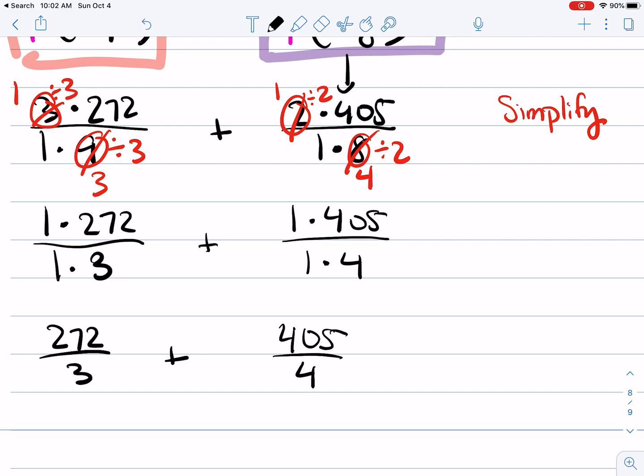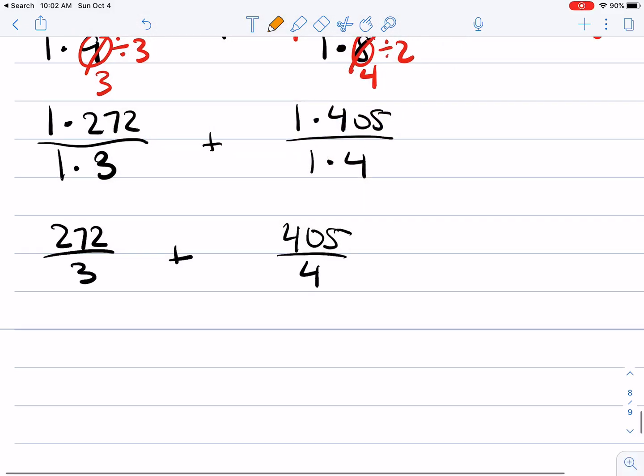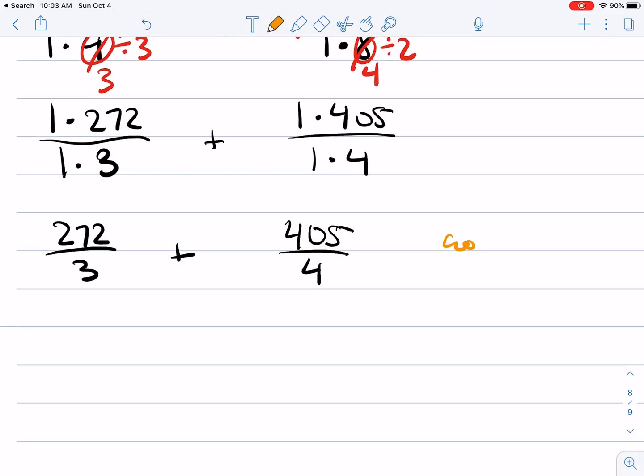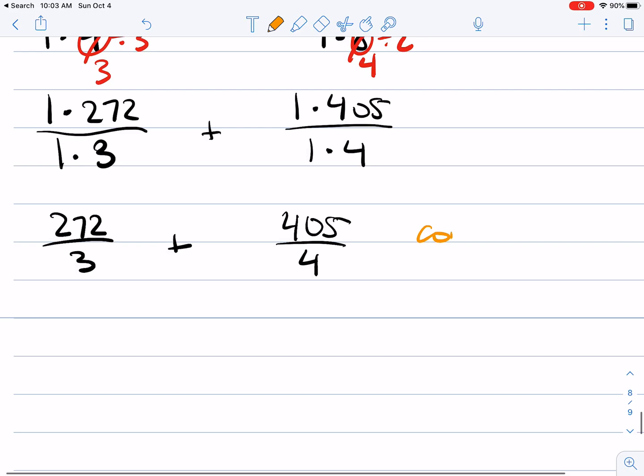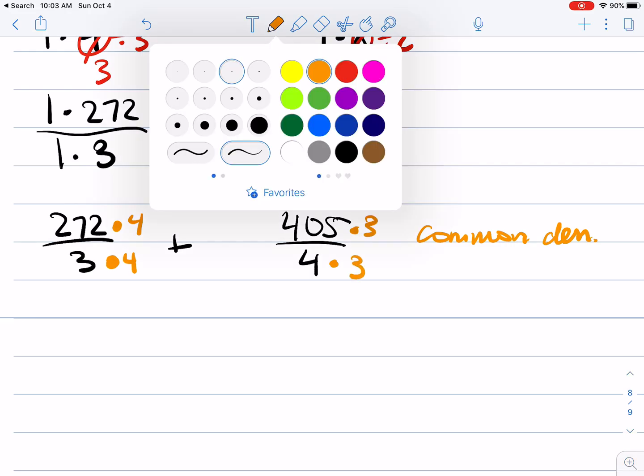And now we have addition. Okay, so now we need to find common denominators. And I think the easiest one, we're going to multiply the top and the bottom by 4 and multiply the top and the bottom by 3. And that will give us a common denominator of 12.